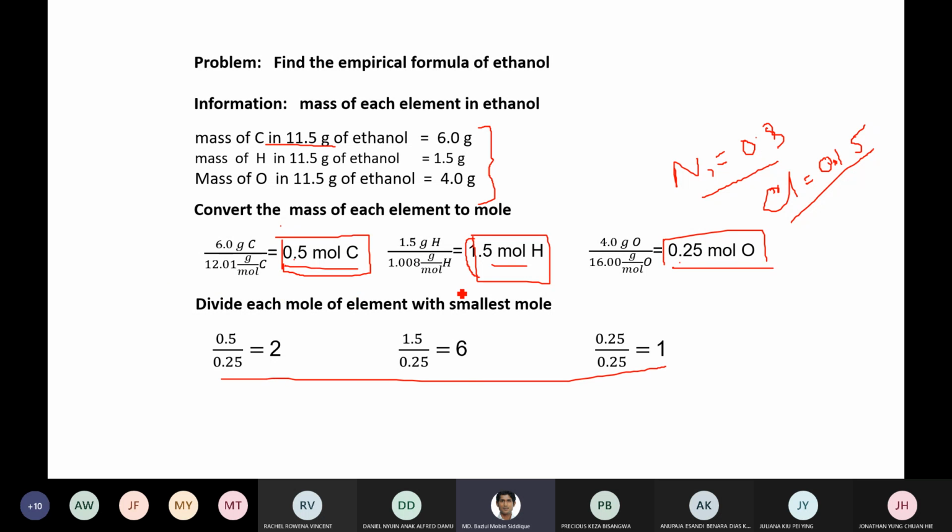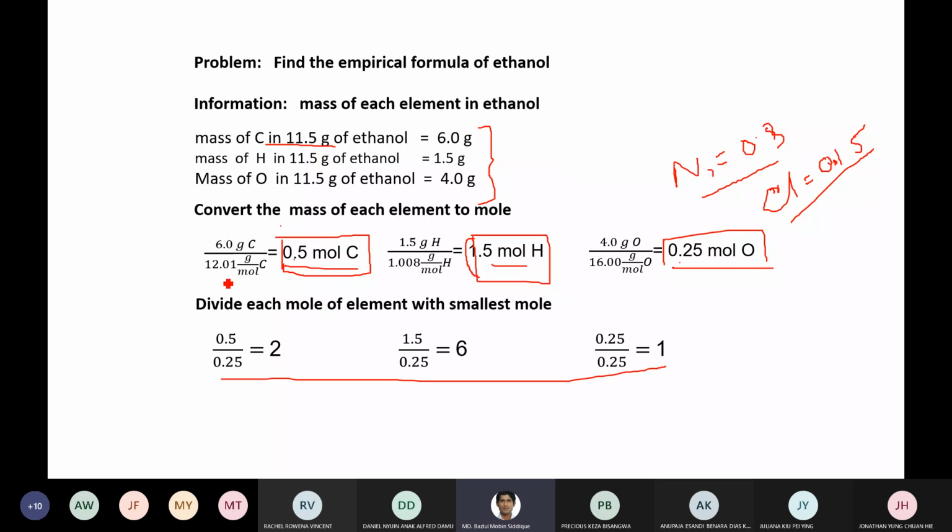What we have done here is find the ratio, so that each of them shows how many parts of it are attached in relation to the smallest number.